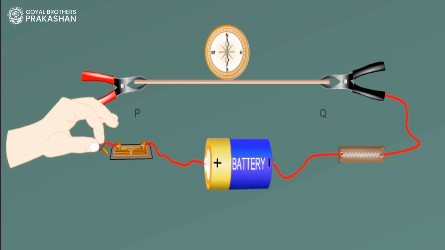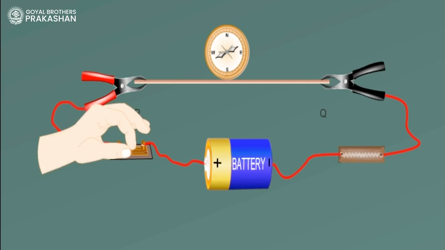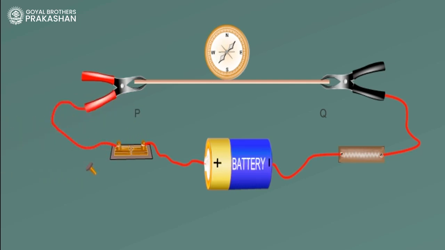Plug in the key so that the current flows through the circuit. You observe that the compass needle shows change in position. Switch off the current. You observe that the compass needle returns to its original position. From this activity, it can be concluded that the conductor behaves like a magnet on the passage of electric current.